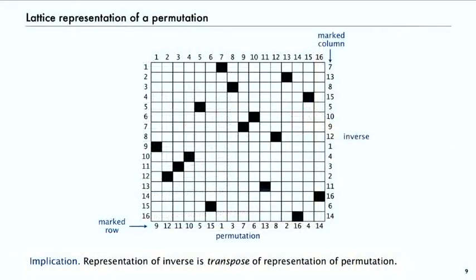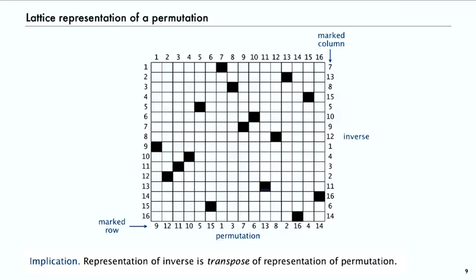Sometimes we work with what's called the lattice representation of a permutation. We simply make an n by n matrix, and down at the bottom is a permutation. Say that's the example permutation, and all we do is, for each entry in the permutation, we put a block in the corresponding row.